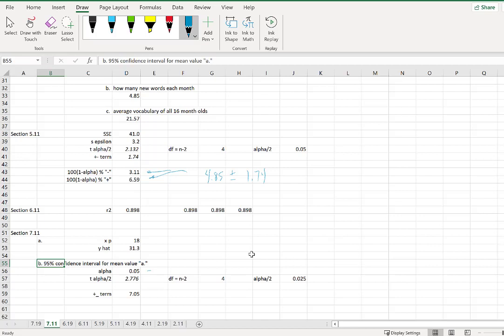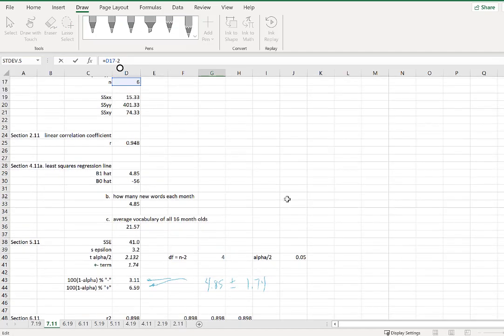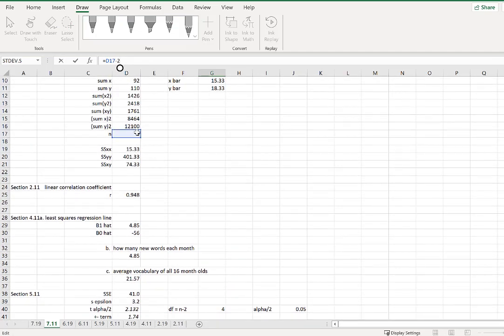And we come back over here, so we're going to do alpha over 2. And alpha over 2, if we click on that one, I just put that value in, so that's our D56, our shaded value here, alpha over 2, which got us 0.025. Our degrees of freedom again at n minus 2. And we've had this one several times, n minus 2. Back up above, we had our n, which is back up there in D17.